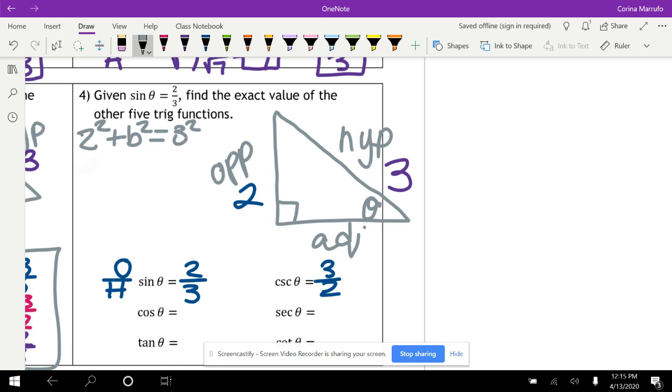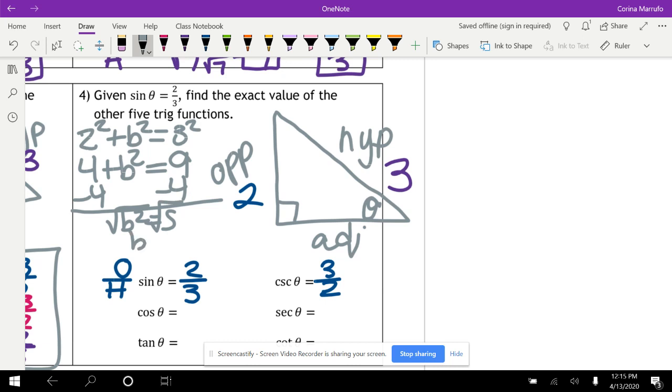And so 2 squared gives us 4 plus b squared equals 3 squared is 9. We subtract the 4 and we get b squared equals 5. And we take the square root and we're going to leave it in radical form. So it's going to be b equals the square root of 5. So then that means that our adjacent side is the square root of 5.